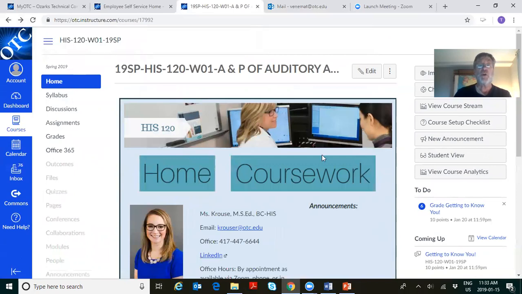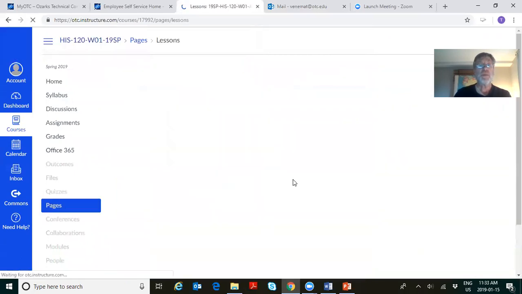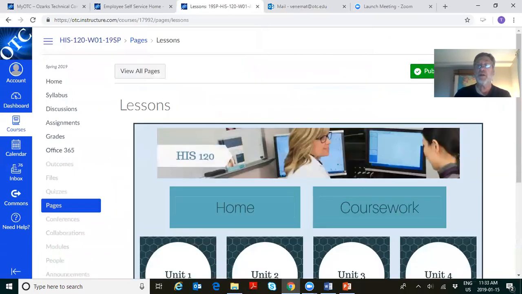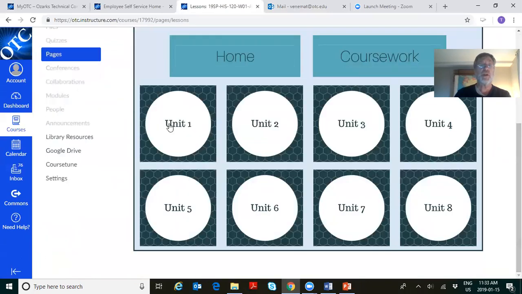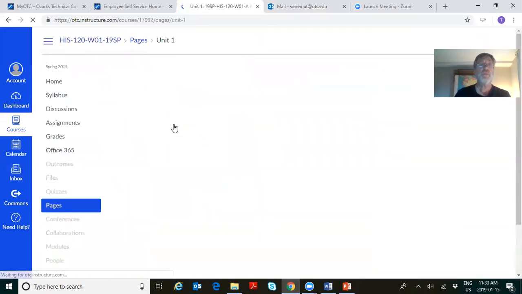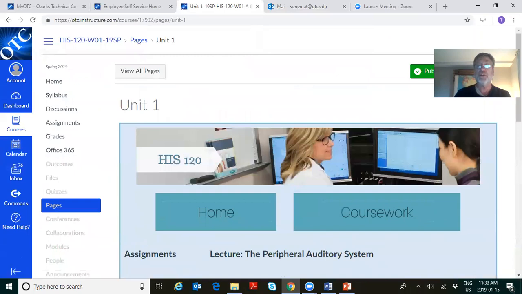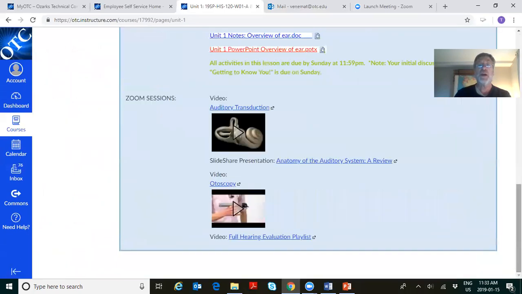I then clicked under coursework, and once there are all the units. Click on Unit 1, and there's the stuff. You scroll down, you'll see the notes, you'll see the PowerPoint, and then any Zoom session that I upload will be there. So essentially, that's the long and short of things.